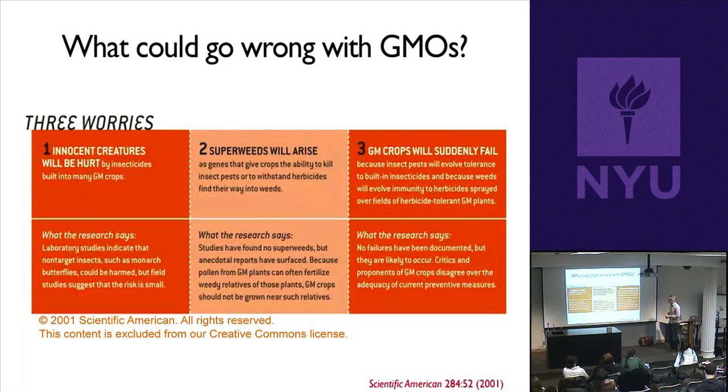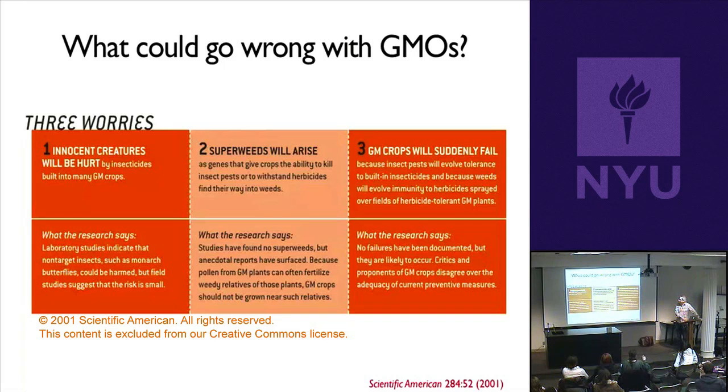Again, as of 2001, no major failures had been documented, but it's still a major worry because there's nothing that I said that's far out in terms of a scientific concept. If you grow the same plant all over the place and something bad happens, all of it will be subject to that. And there aren't very many preventive measures in place to prevent widespread use of the same plant.